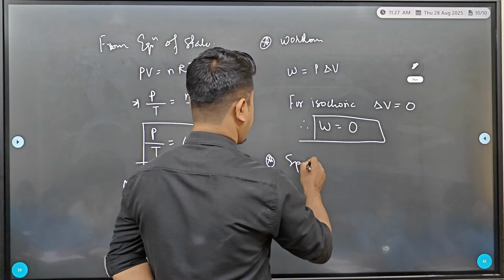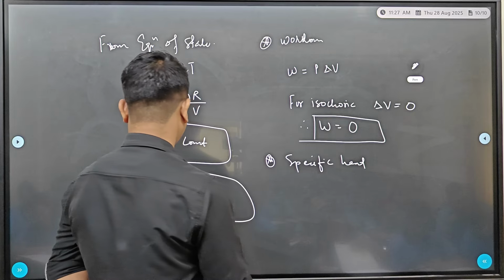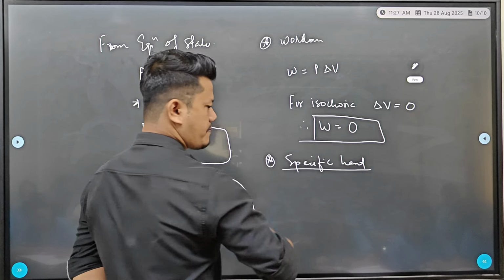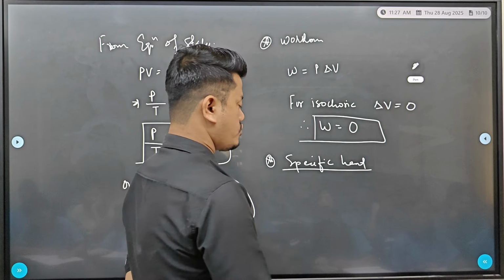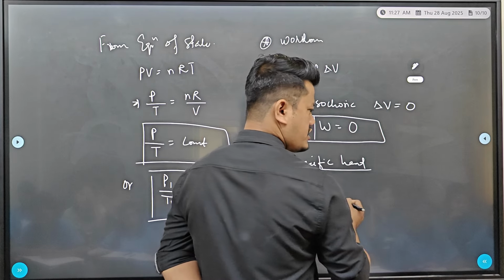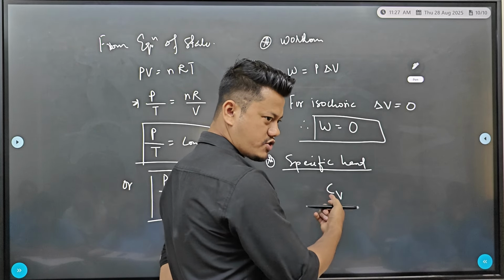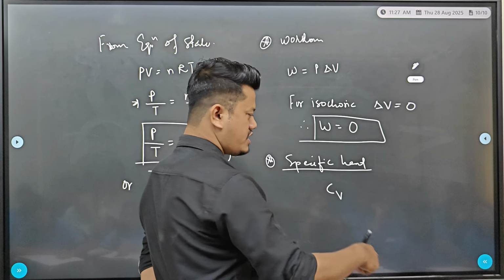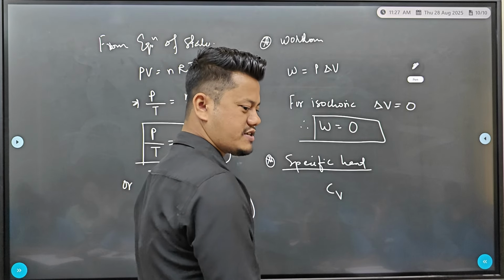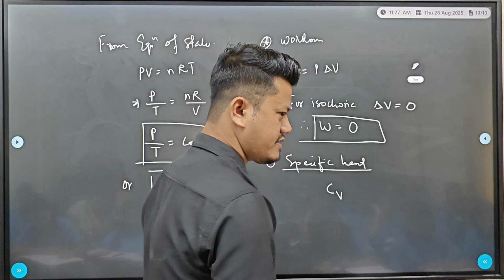Specific heat. What will be the specific heat? Specific heat at constant volume, you need to mention the term. Specific heat at constant volume is CV, right?